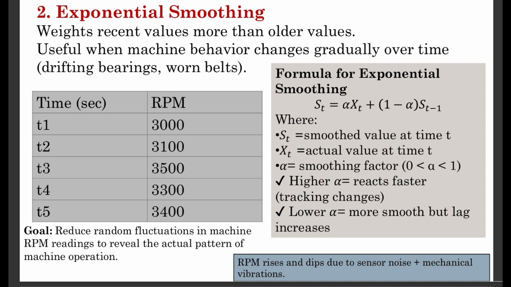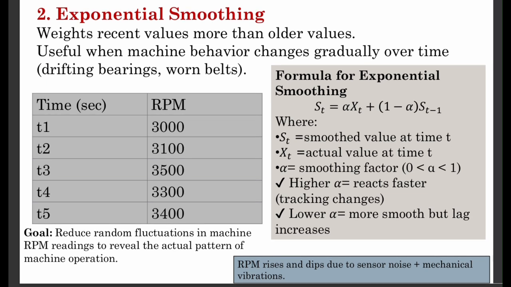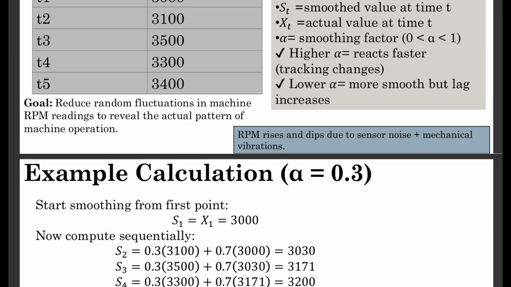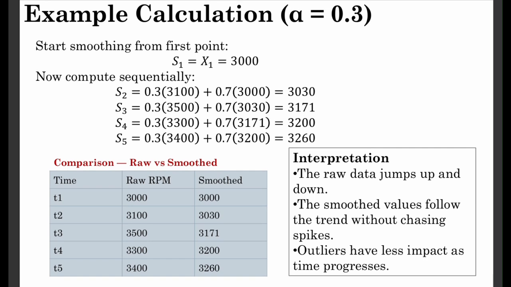This means older values still influence the output, but their influence decays exponentially over time. This is the example with RPM data. S1 is equal to 3000. S2 can be calculated as 0.3 into 3100 plus 0.7 into 3000, which gives 3030. And similarly, S3, S4, S5 can be calculated.